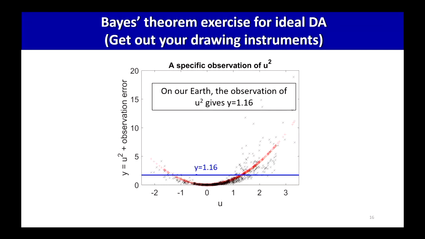So I could ask, what's the probability? I'm going to take a particular range of x here. So let's consider true values of u between this value, about 2.1, and this value, about 2.5.